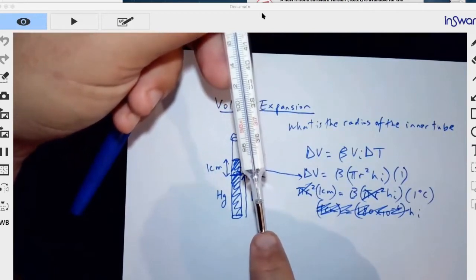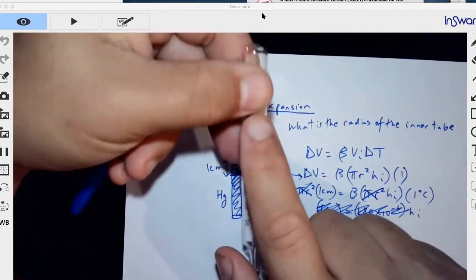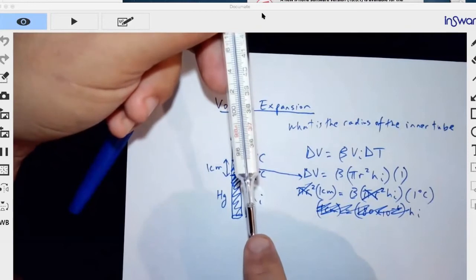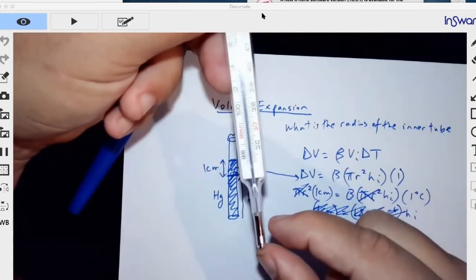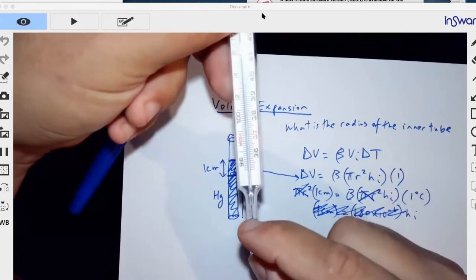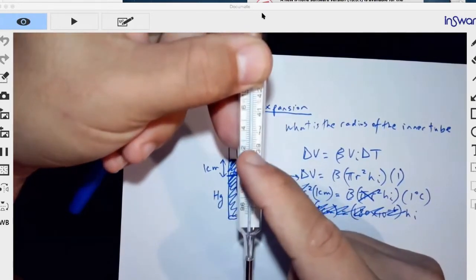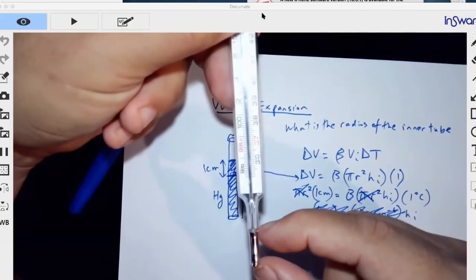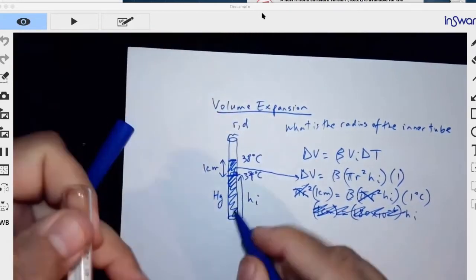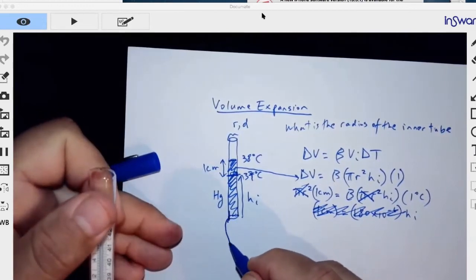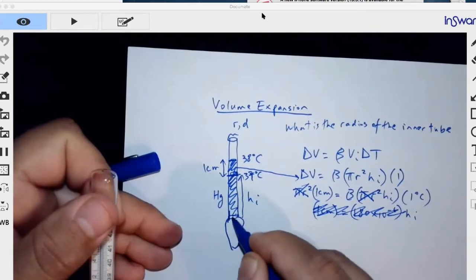So it's wrong to say the volume is just pi r squared h. So what's the total volume of the mercury? The mercury that's here plus the mercury from here all the way to there. So there's a thicker volume here. So it kind of looks like this, something like that, with a reservoir.